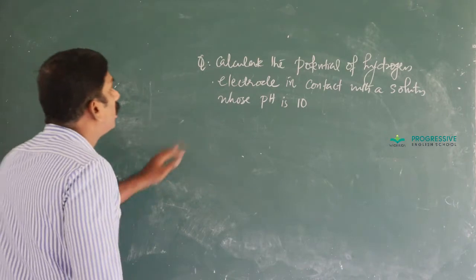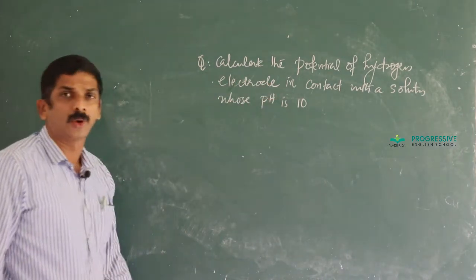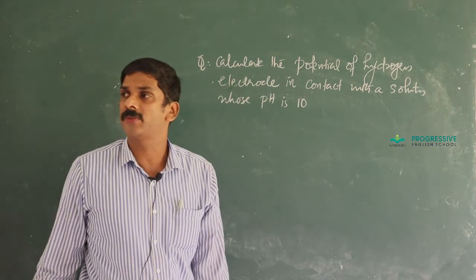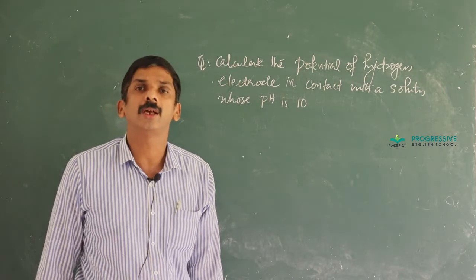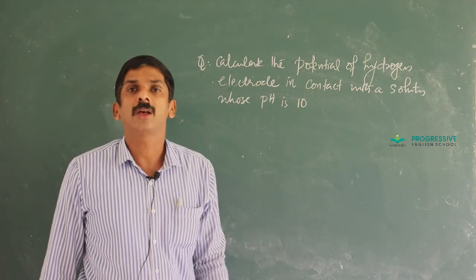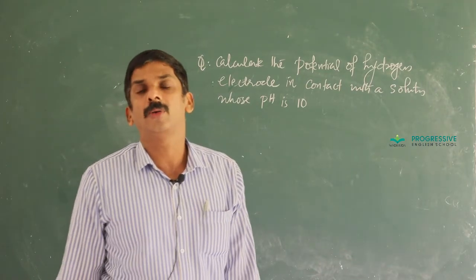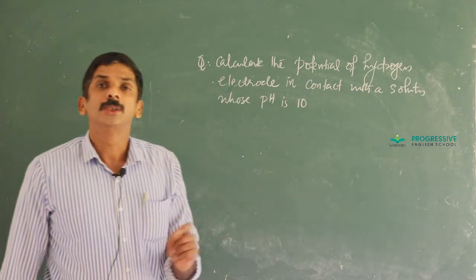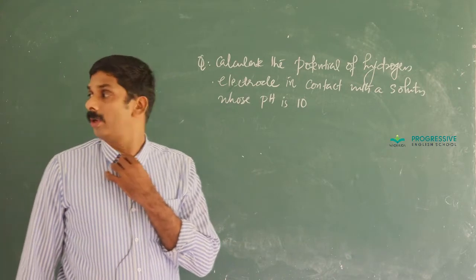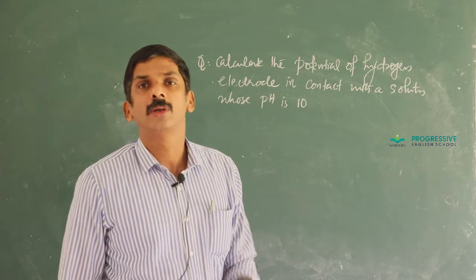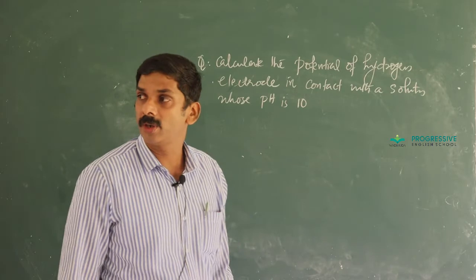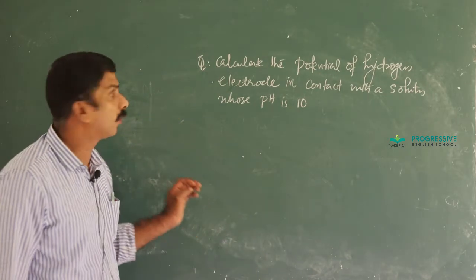You know, potential of hydrogen electrode. Hydrogen electrode here means the standard hydrogen electrode, which is the reference electrode, and we know that the E0 value of that particular electrode at 298 Kelvin or 25 degrees Celsius equals 0 volt. Therefore, the E0 value becomes equal to 0.